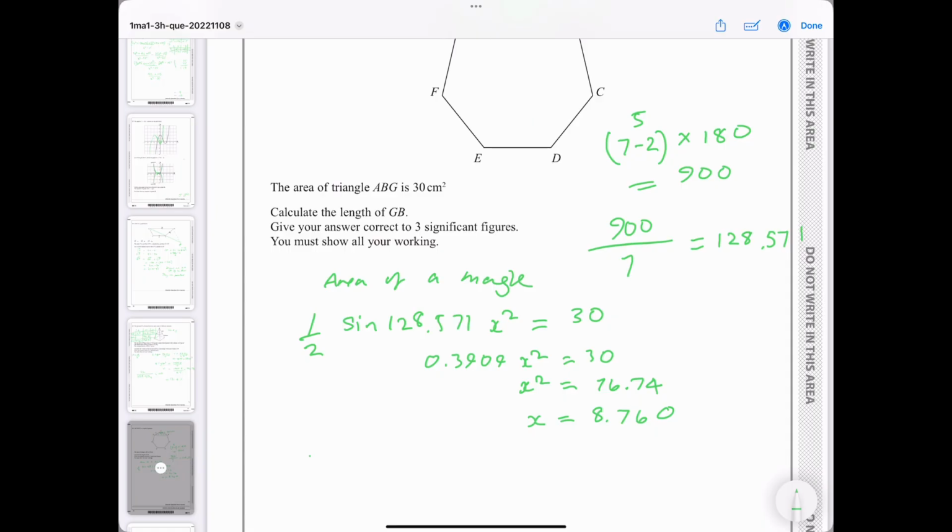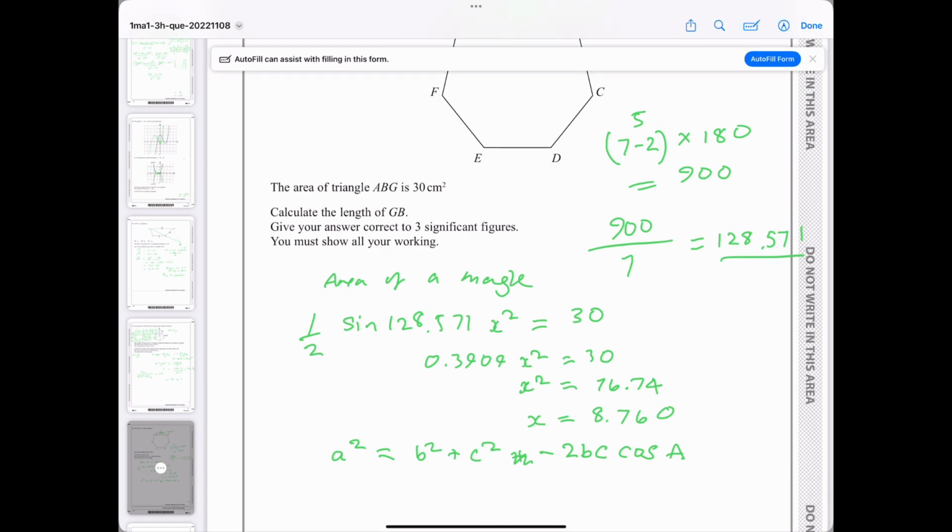Now I think we're going to have to use whatever it's called, cos rule. So we would say a squared equals b squared plus c squared minus 2bc cos A, which is that one. So, and that will give us the answer.